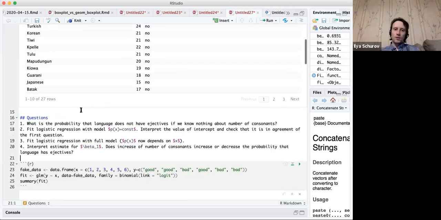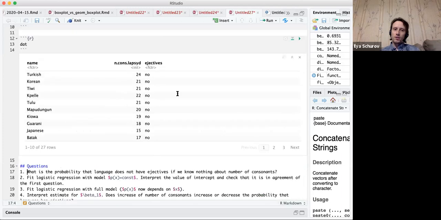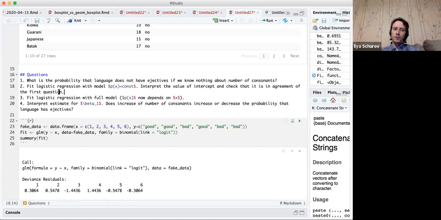So you have to answer question number 1 without regressions, just by analyzing the data set. And you can check that the result has to be in agreement with the fit of this logistic regression model when p of x is just a constant. So it has to predict exactly the probability that you find on the first step.